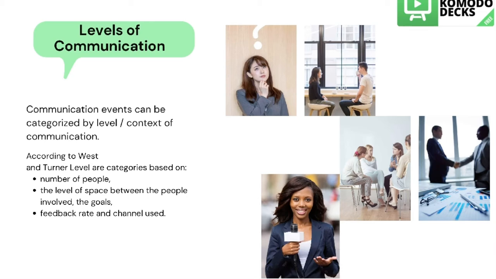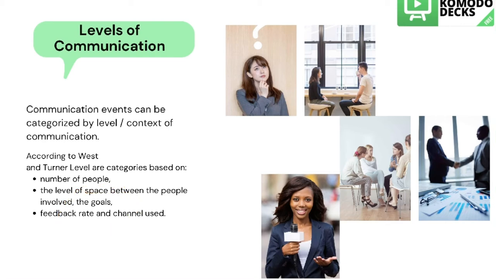According to West and Turner, the levels are categories based on several things: number of people, space, the goals, the people involved, feedback rate, and the last thing is the channel used. But I think the most important thing is communication goals.